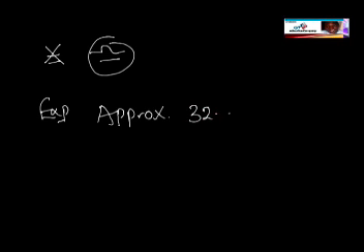Alright, we'll take another example here, and it says approximate 32.556 to 2 decimal places.